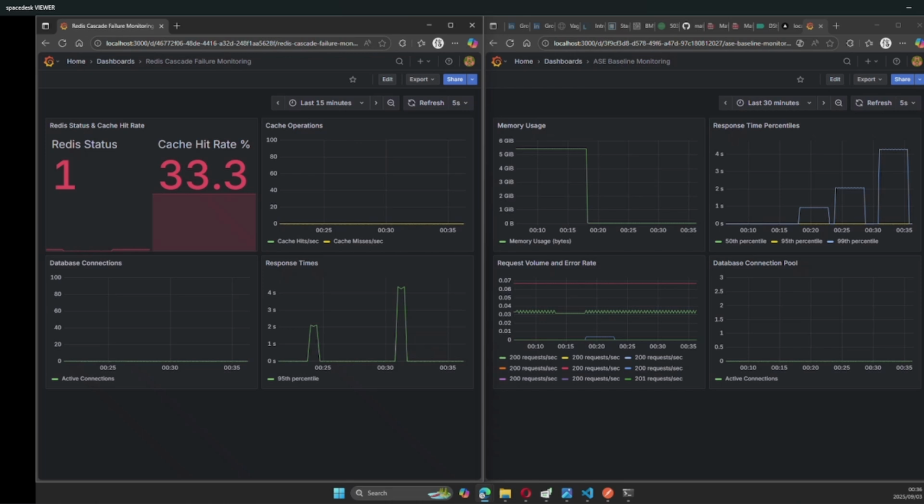The dashboard correlation also proves causation, if that's even a word. The memory spikes correlate with the response time degradation, and the cache failures correlate with the database load increases. So this visual evidence is very key for stakeholder communication.